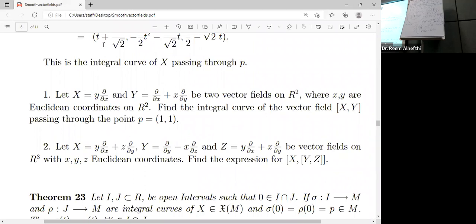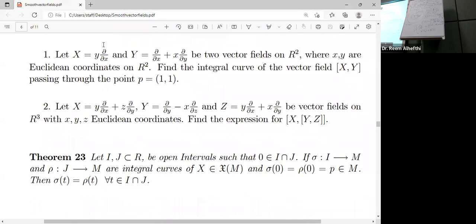The first part of the exercise asks you to find the Lie bracket of these two vector fields, X, Y. Using that lemma, you can find the Lie bracket of X, Y. And after you find the Lie bracket of X, Y, using the technique explained here, you have to find the integral curve of the Lie bracket. Please solve exercise 1. If you have questions in that, it will be a pleasure to answer.